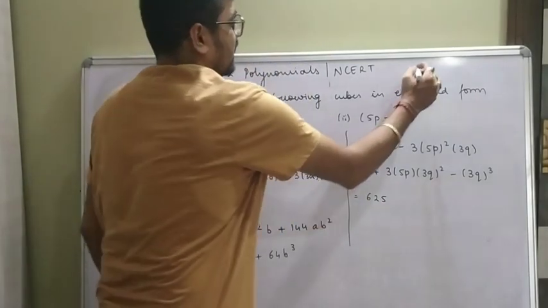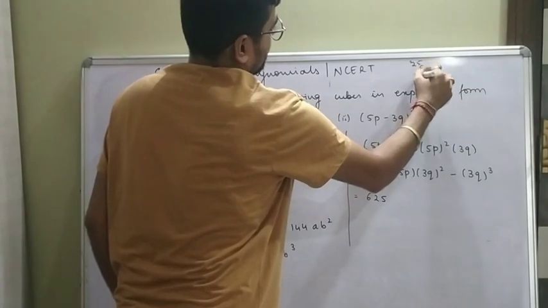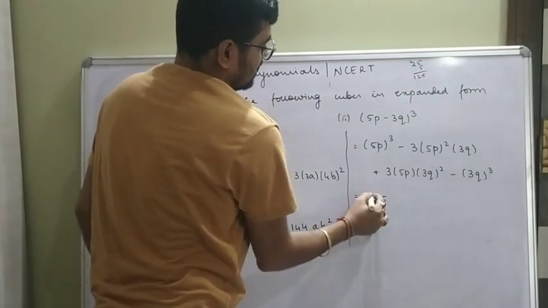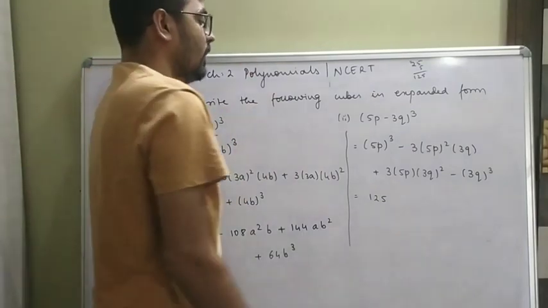Am I right? You can check. 25 into 5. 5 5s are 25, 2 5s are 10 and 2 is 12. So this is not 625, this is 125. Overconfidence is always a bad thing.